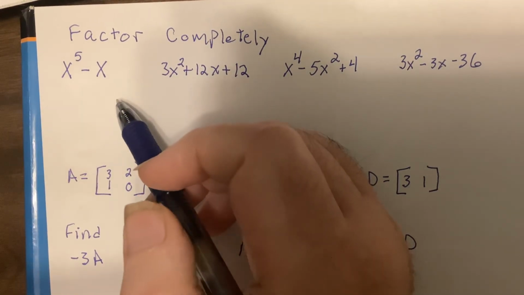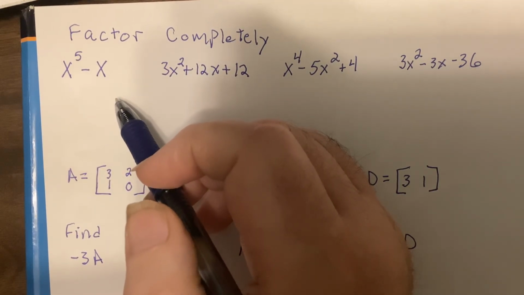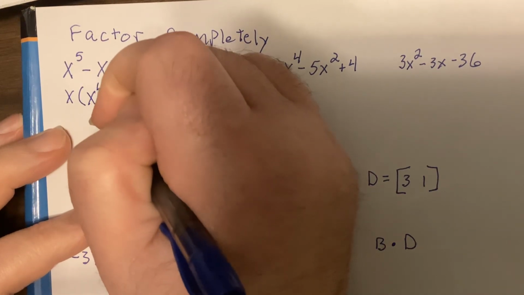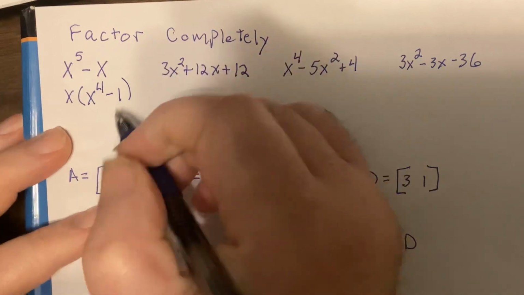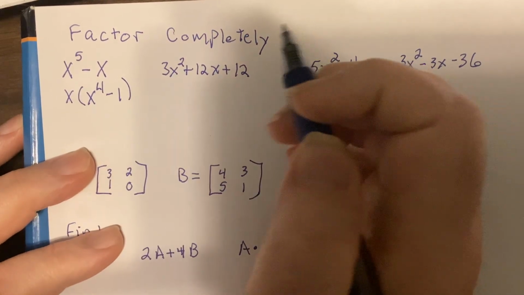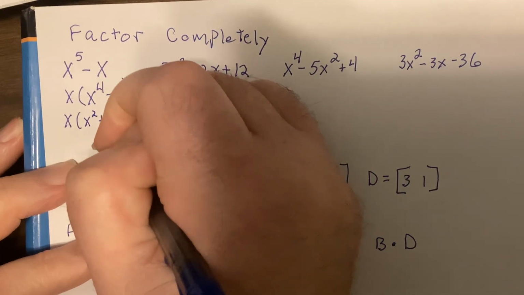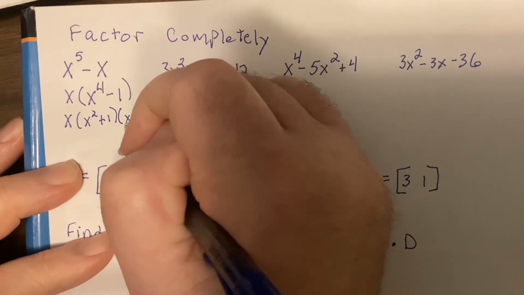Okay, so the first step of factoring is always factor out the GCF. So the GCF is x. Then you factor this, it's a binomial. So it's x squared plus 1, x squared minus 1.